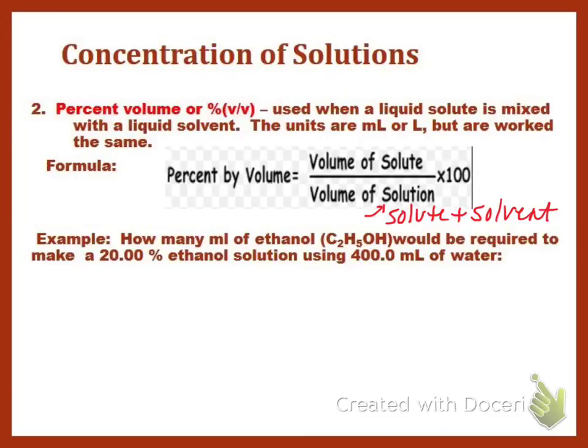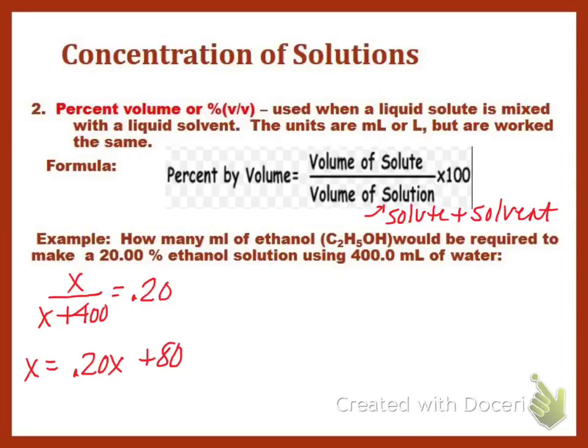So this one wants to know how many milliliters of ethanol would be required to make a 20% solution using 400 milliliters of water. So same concept, X over X plus 400 equals 0.2. Cross multiply, and you get X is equal to 0.2 X plus 80.